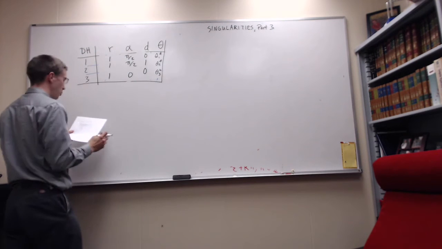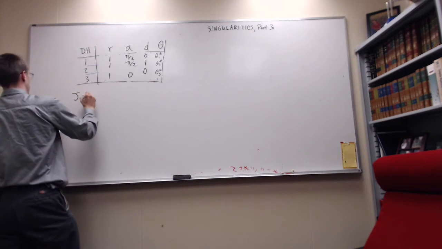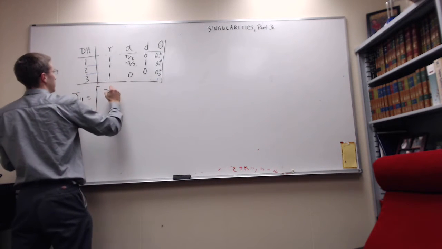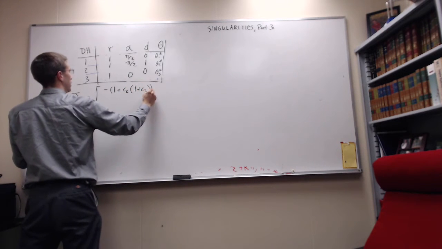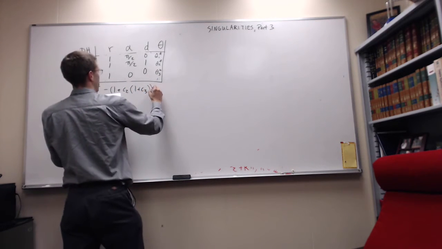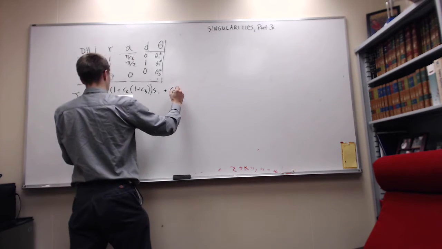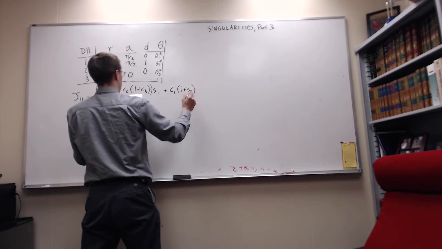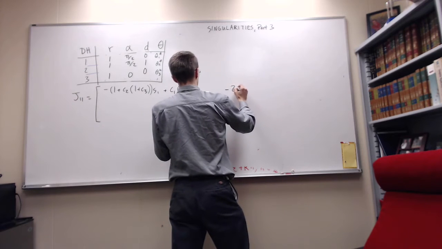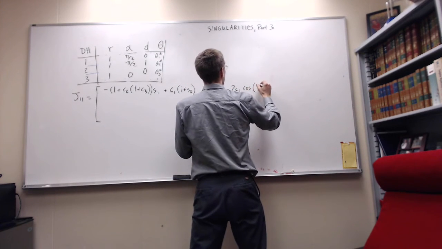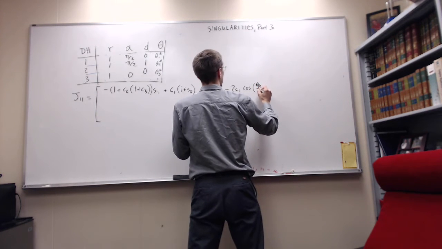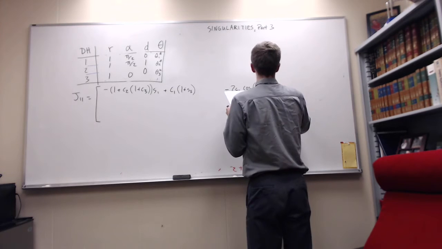For this one, the Jacobian is ugly. So J11 is equal to negative 1 plus C2, 1 plus C3, that's S1 plus C1, that's 1 plus S3. Negative 2 C1, that's a cosine of theta 3 over 2 squared S2.